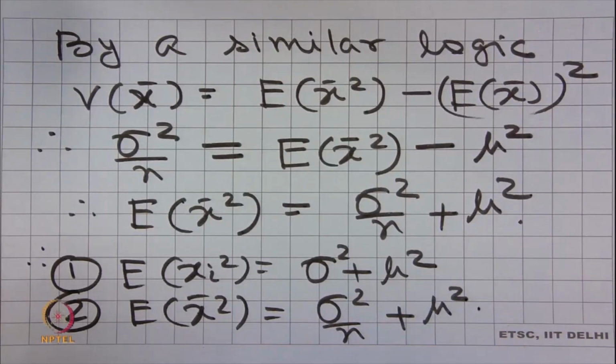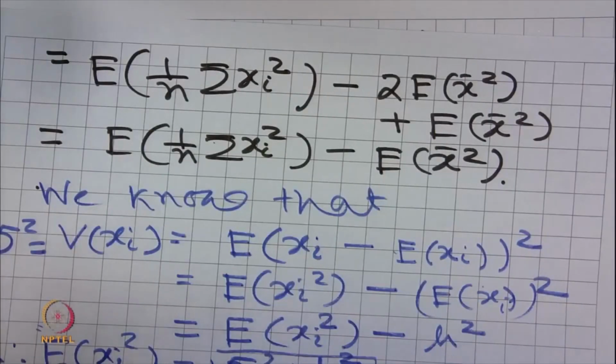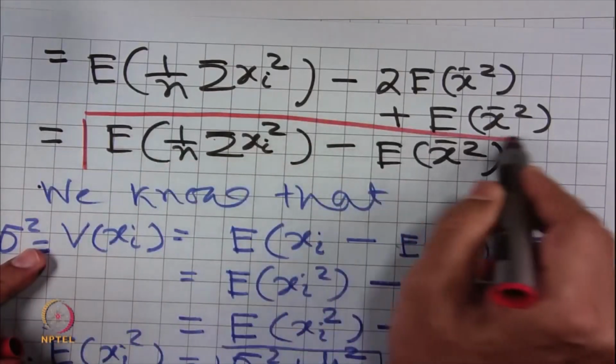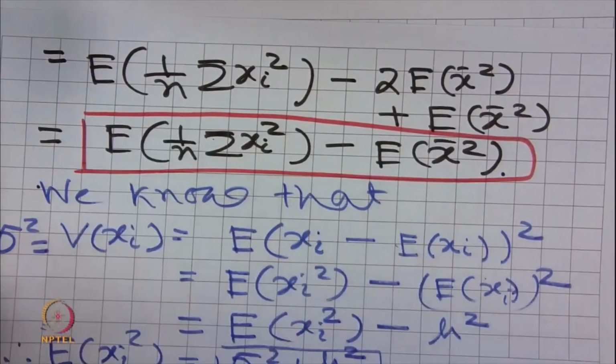Now, we have already found that expectation of small s square is equal to this.